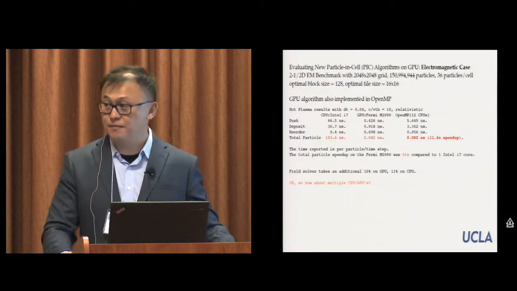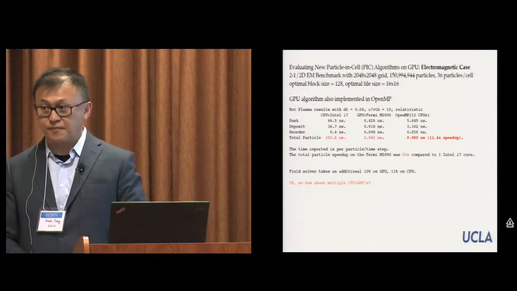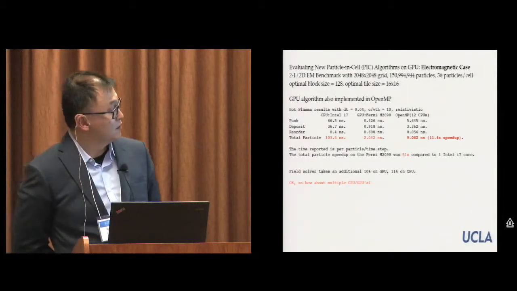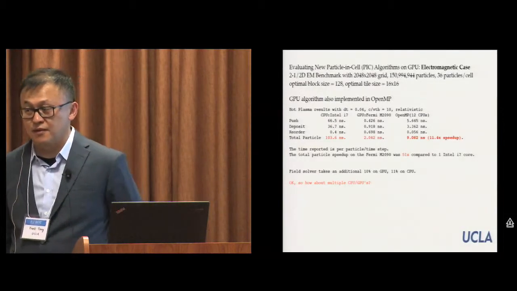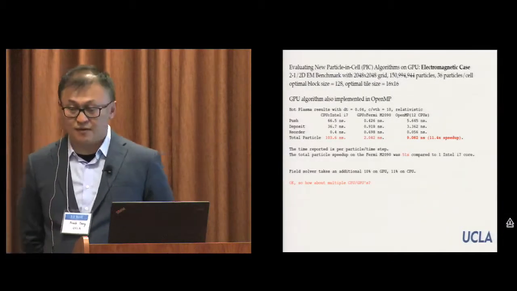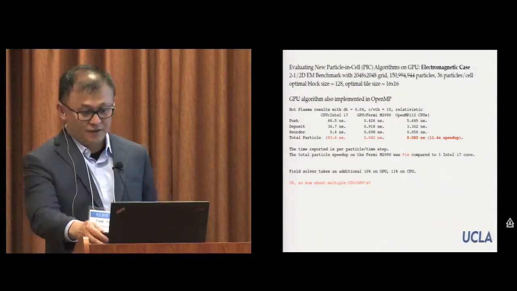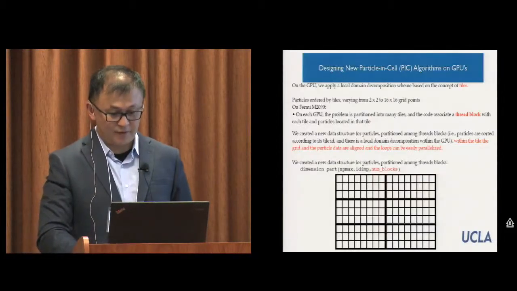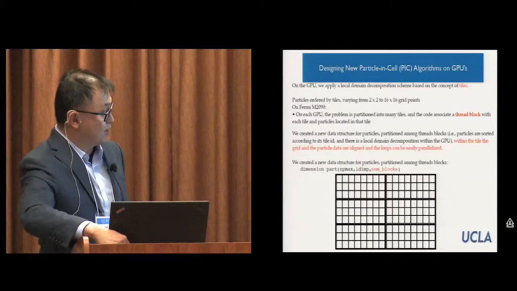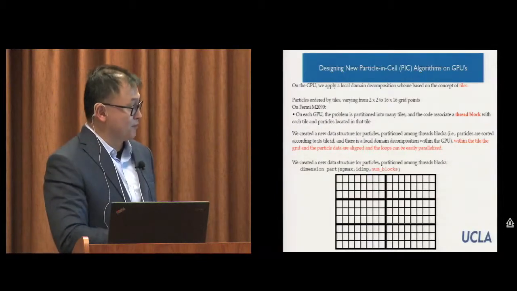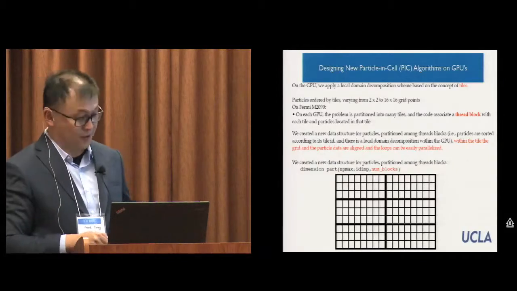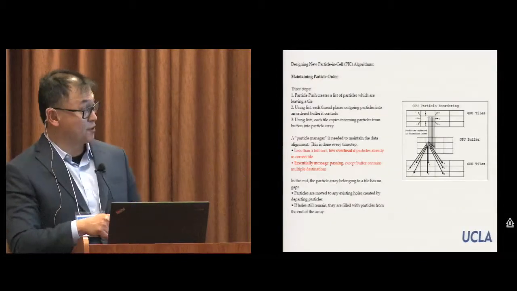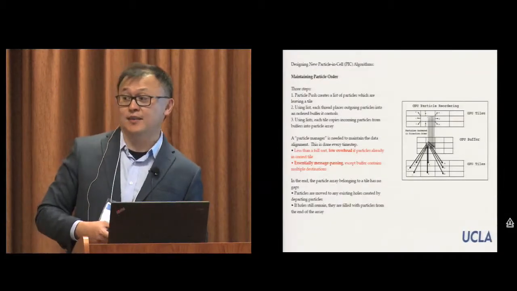I think so. So I have a question. The difference in the source code between the CPU version and the GPU version, is that limited to the 2% that you mentioned in the beginning? Yeah, it's mostly the changing of the data structure. Now we have the new data structure, which allows for data alignment, and also an additional subroutine, which essentially is message passing.